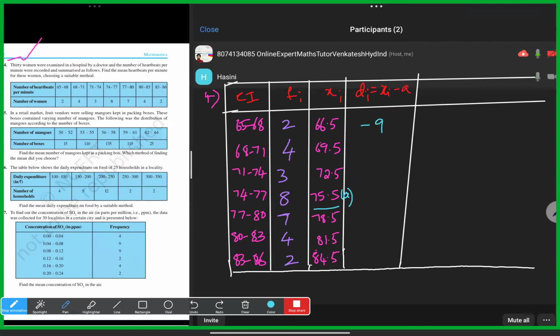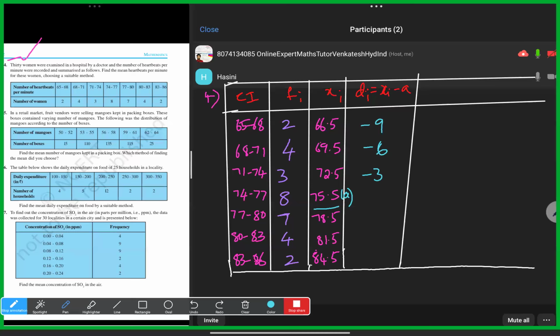Similarly, the next one, you'll get minus 6, because the gap to the next number is 3 only. And then minus 3, since 72.5 minus 75.5 is minus 3.